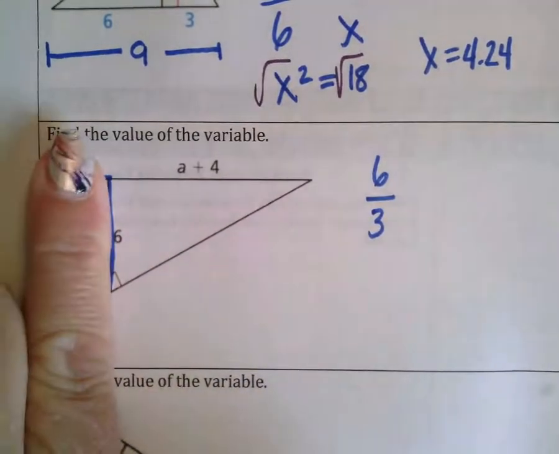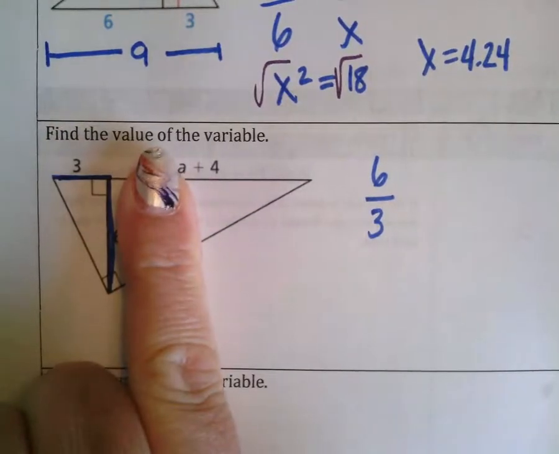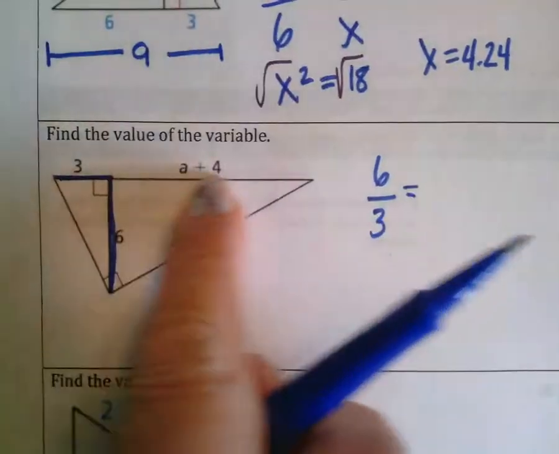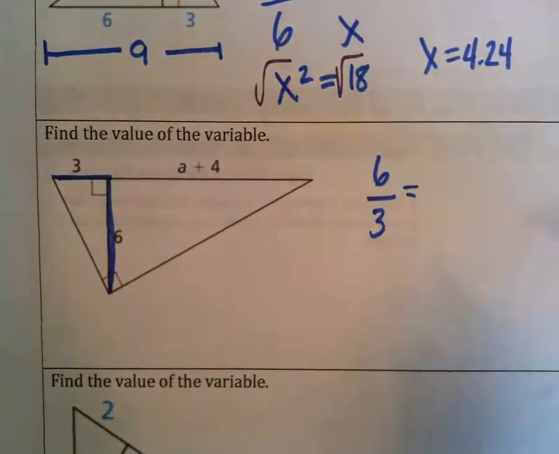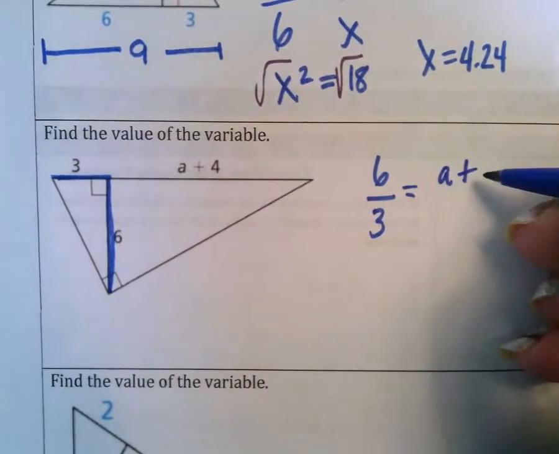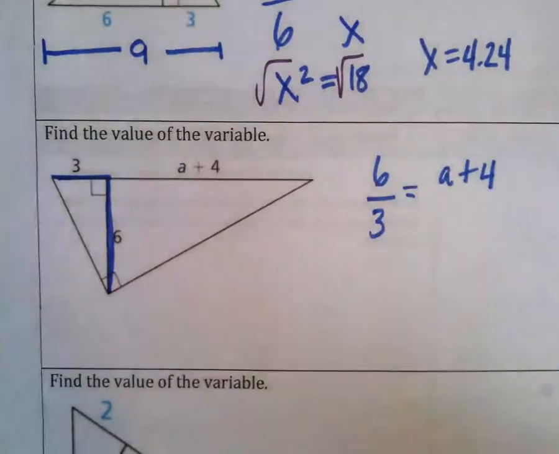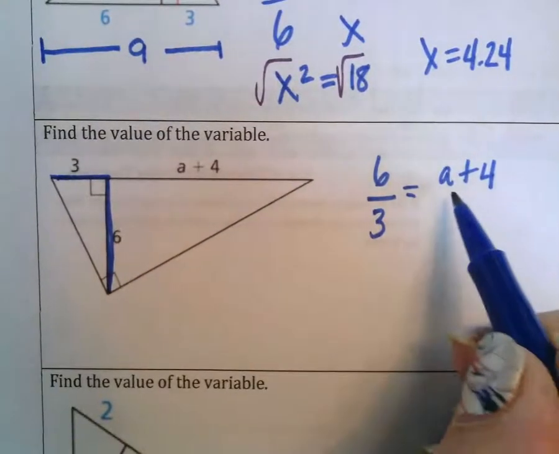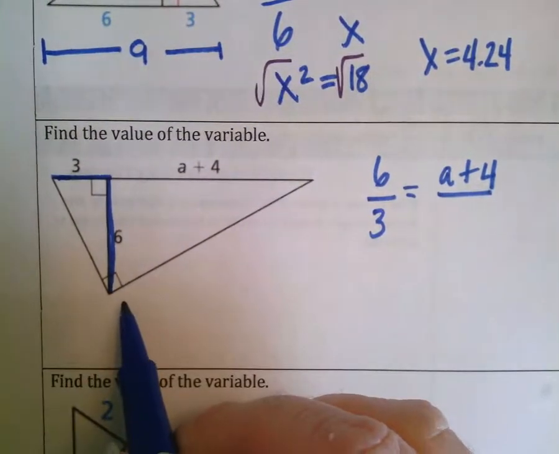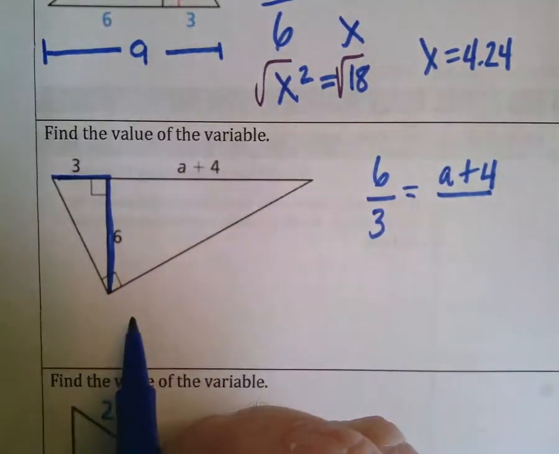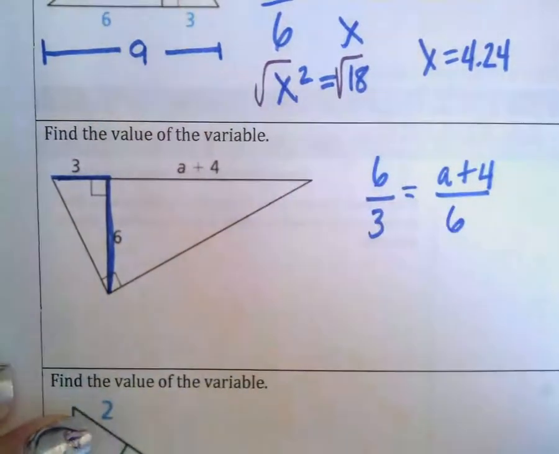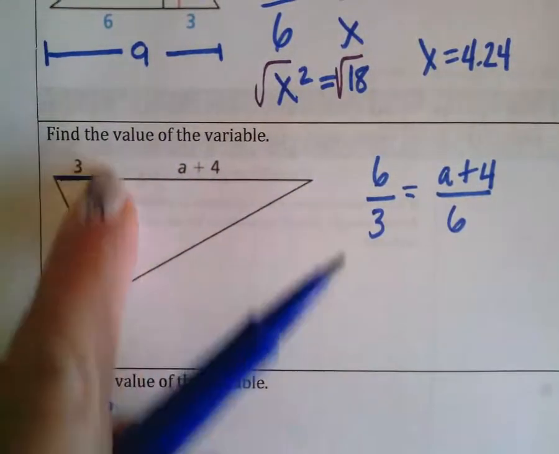And then that is equal to long side here, long side plus 4, over, no, that's not the long side. I think it's over 6 again, because you got the other triangle that you're worried about.